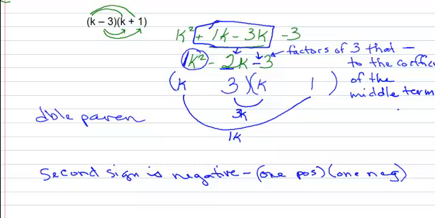Now, when we look at the first sign, that tells us what the bigger product is going to be. Because remember, when we add two numbers together that have unlike signs, we take the sign of the larger. So we need a negative here.